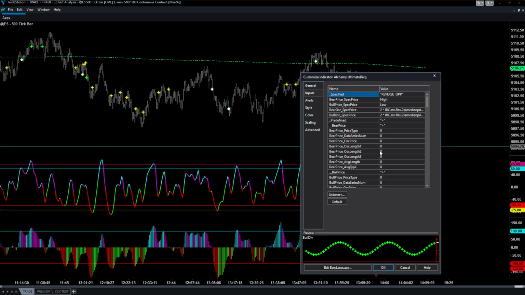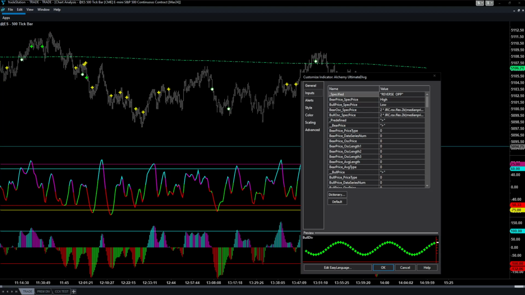Now, I've labeled this reverse opposite so that I know what it is. I'm going to be using the RSX for this purpose. And as you can see at the end of the code is the 0.05 and the 10. That's the diagonal length of 0.05, the RSX length of 10. Okay, and so you want to display the RSX on the screen so that you have a good idea of what's happening when it is occurring.